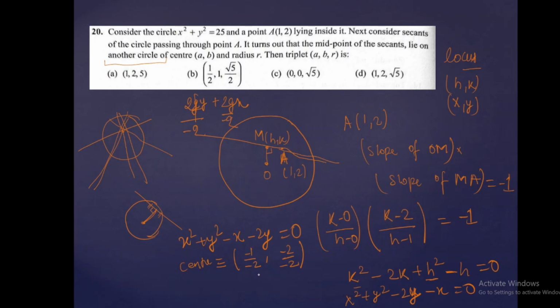So from here we get the center to be 1 by 2 comma 1. So the radius will be the root of g square plus f square minus c. So that is basically 1 by 4 plus 1 minus c, where c is equal to 0. So from here we get that the radius is equal to root 5 by 2. So this is the correct answer for this question.